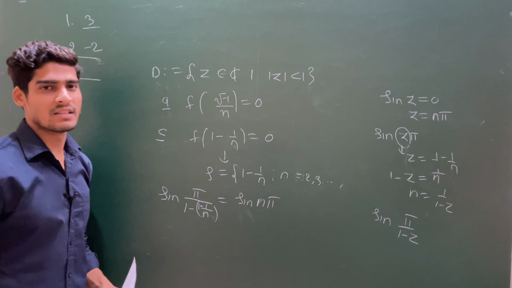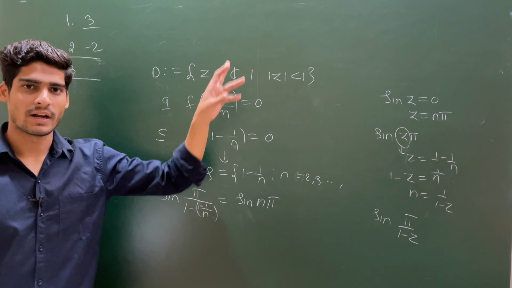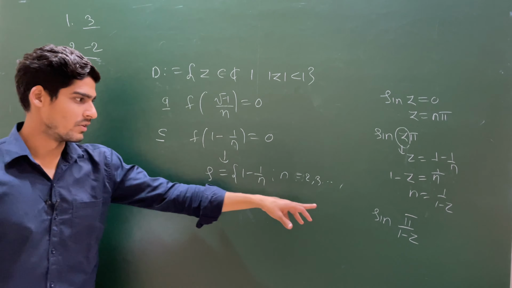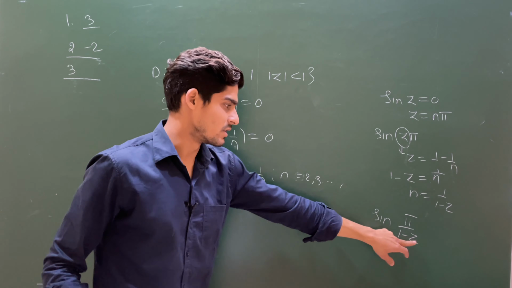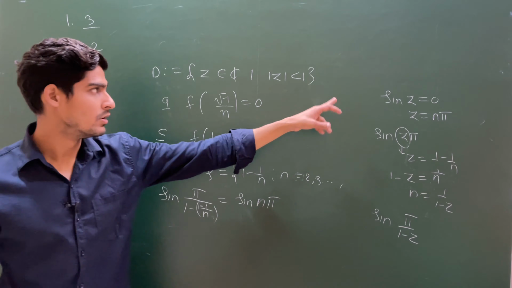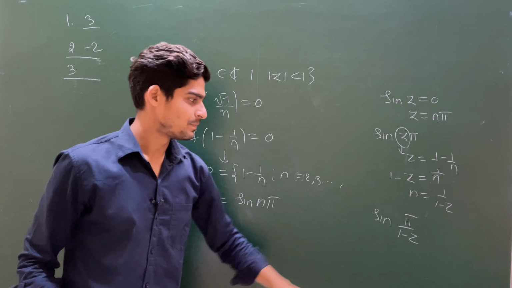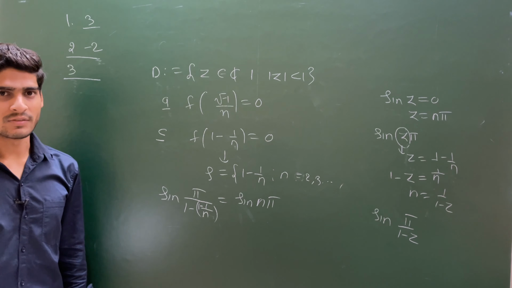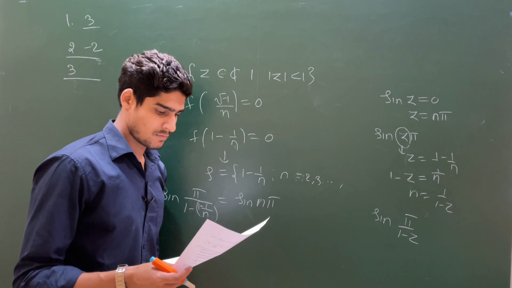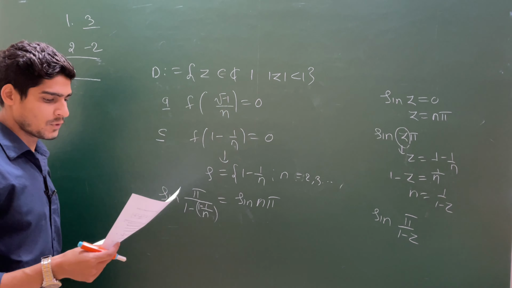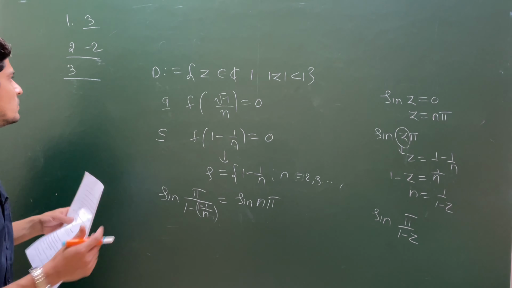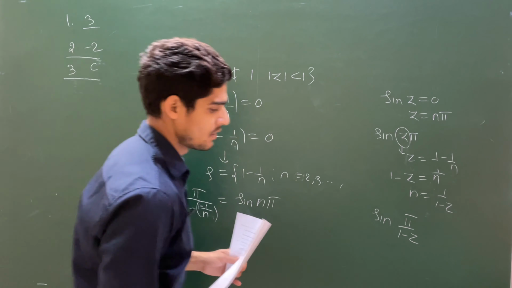And sine n pi is 0 if you choose n to be 2, 3, 4 and so on. So this function will work very nicely. This is a non-constant function analytic on the open unit disk, but it has a problem at point 1. The point 1 is the singularity of this function. So option C is possible. So the correct one will be C. This was a little tricky.